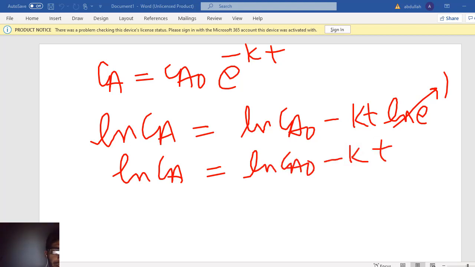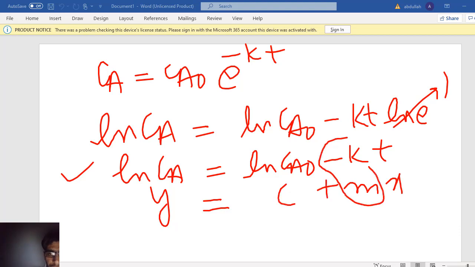So again, this is the straight line equation, y is equal to mx plus c. The slope is minus K, and ln Ca naught is the constant, with time on the x-axis and ln Ca on the y-axis.